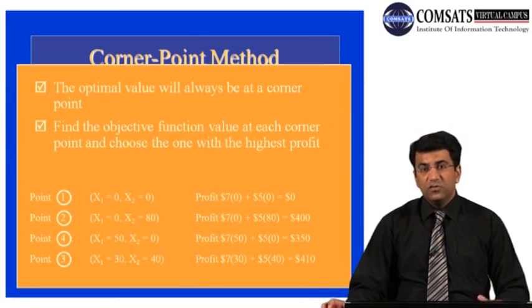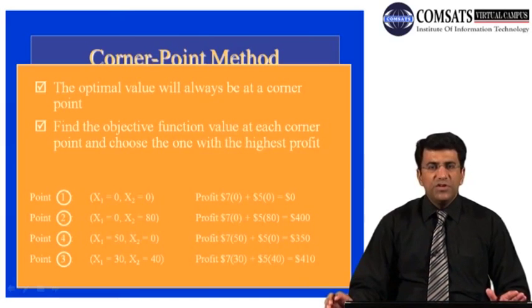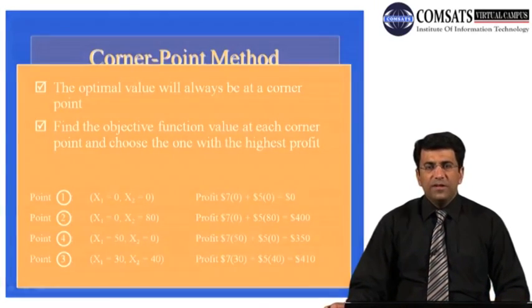Then we identify the feasible region. Then there are two methods: one is the isoprofit method and the other one is the corner point method. Then by using either of these methods we can maximize our profit. So class, this is how we solve linear programming problems.